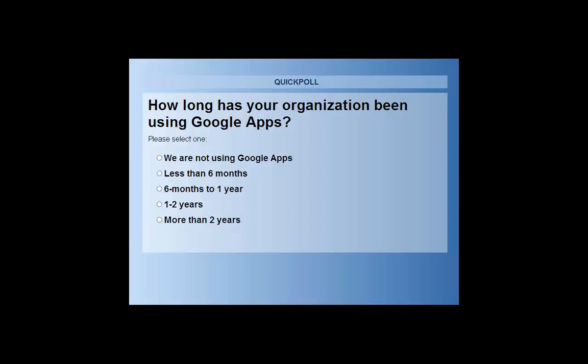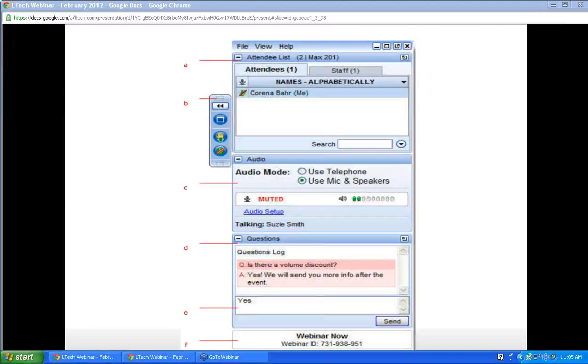We are also curious about how long your organization has been using Google Apps. So you may have to think about this for a moment. When did you first start using Google Apps? And I think by that we mean as your mail and calendar system. I can see the results coming in here. We've got a couple of veterans on here, Brian, a couple more than 2 years.